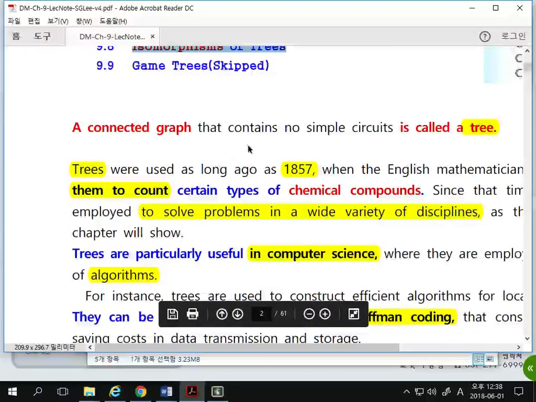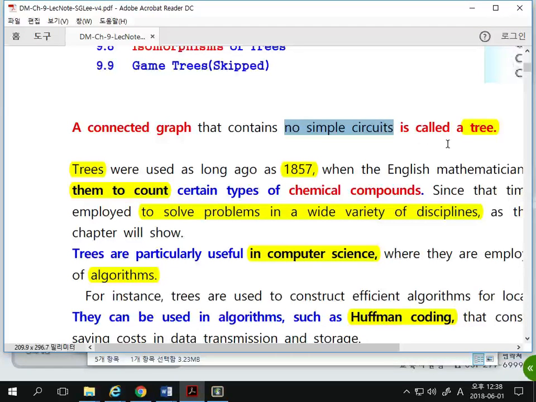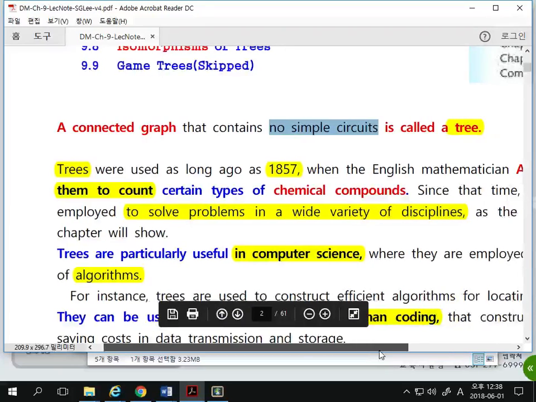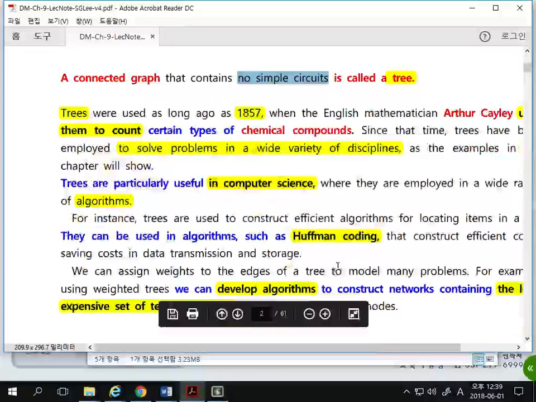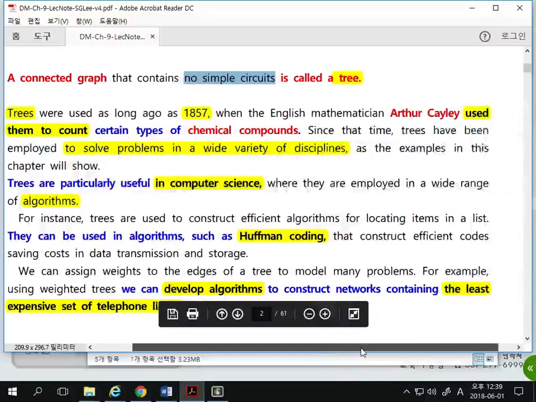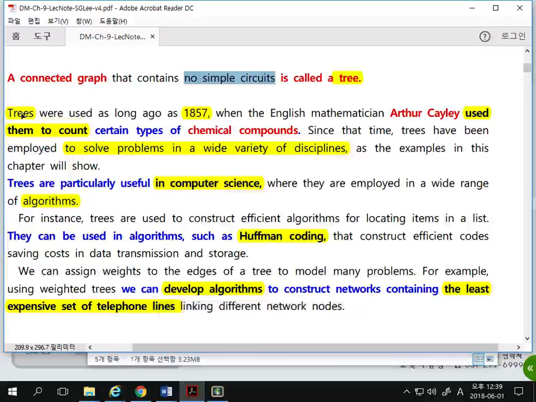A connected graph that contains no simple circuit is called a tree. In 1857, Arthur Cayley used this concept of trees to count certain types of chemical compound.